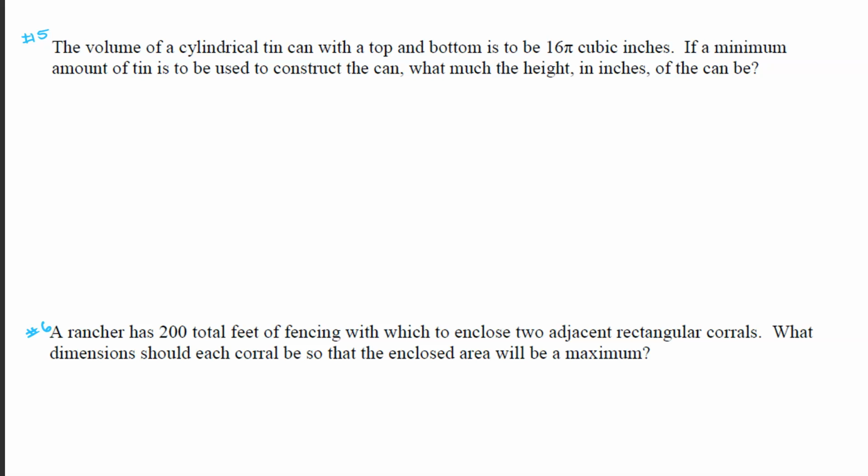So we've got a cylindrical tin can with a top and a bottom. So let's go ahead and draw ourselves a cylinder. Our cylinder has some height and some radius. And it's 16 pi cubic inches.